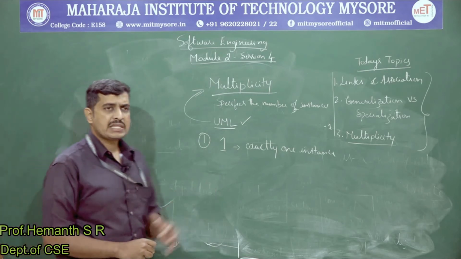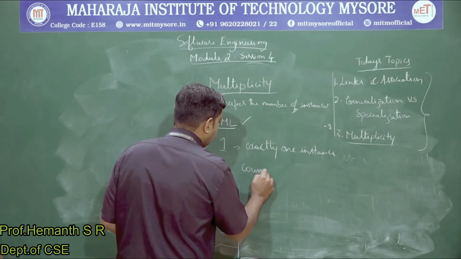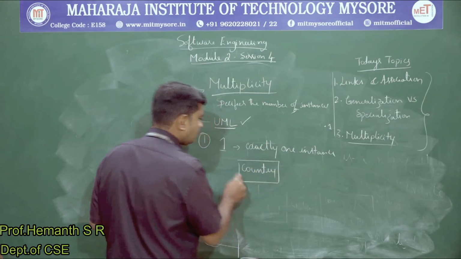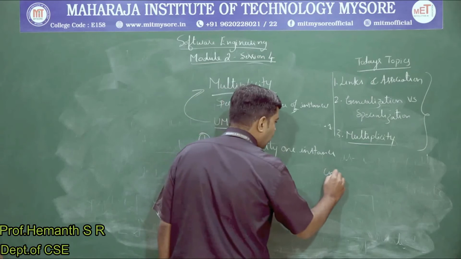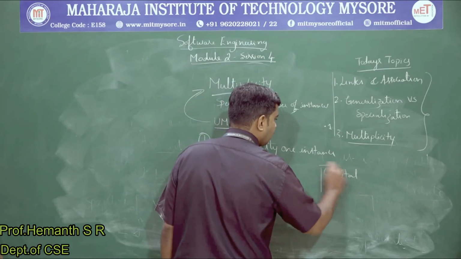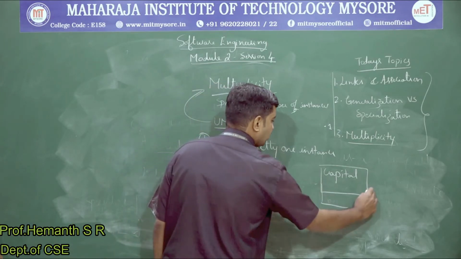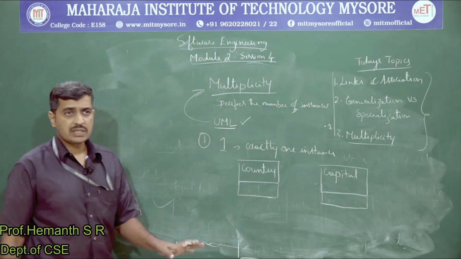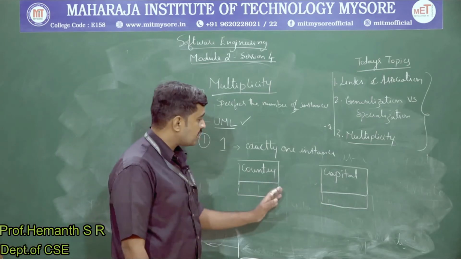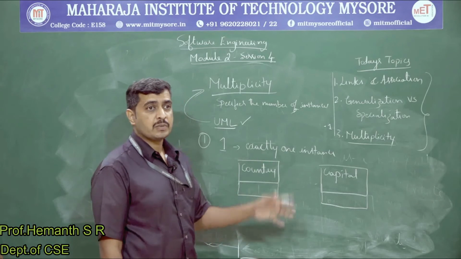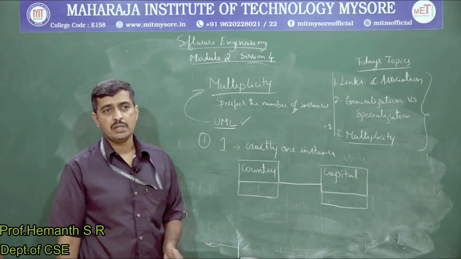For clarity, I'll take an example with two classes: one is the country class and the other one is the capital class. As explained, the relationship between these two classes is represented using association, that is by drawing a line between these two classes.